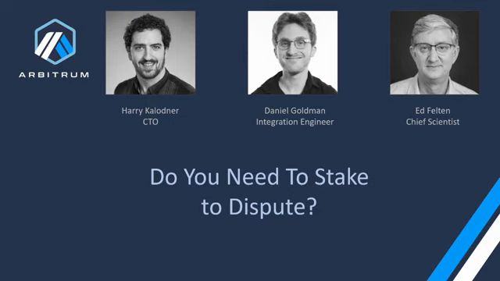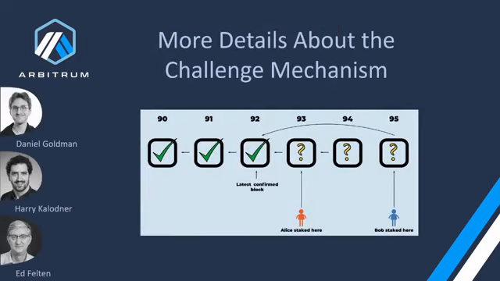I think the important thing to recognize about the challenge mechanism is that it is both incredibly critical for the security of the system and incredibly unlikely to ever occur, which is a weird combination.